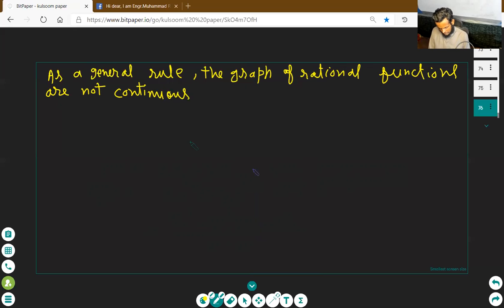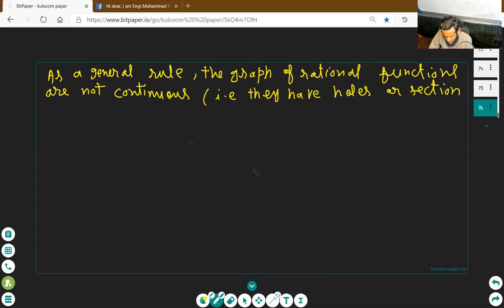Do you have an idea about continuous or discontinuous? A continuous graph has a continuous curve, and the discontinuous graph has a piecewise curve, and they have holes or sections of graph. There are holes and asymptotes.